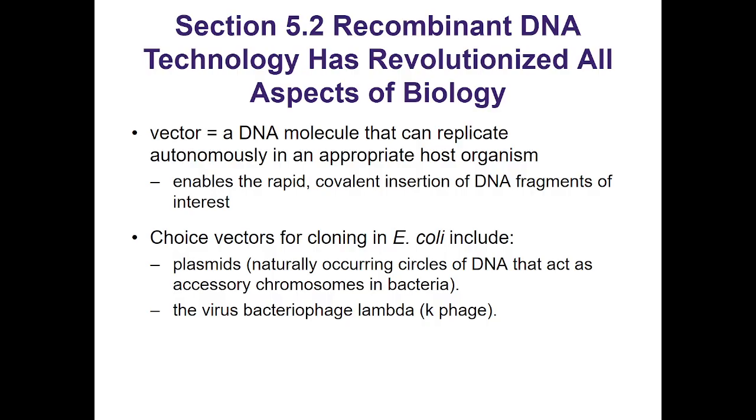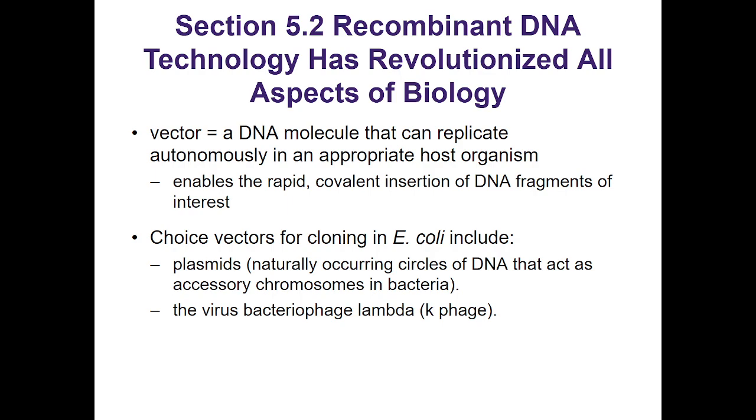Okay. A vector is going to be a DNA molecule that can replicate autonomously in an appropriate host organism. It enables the rapid covalent insertion of DNA fragments that we're interested in. Or if it's HIV, it just does it on its own. The choice vectors for cloning in E. coli, for example, include plasmids.